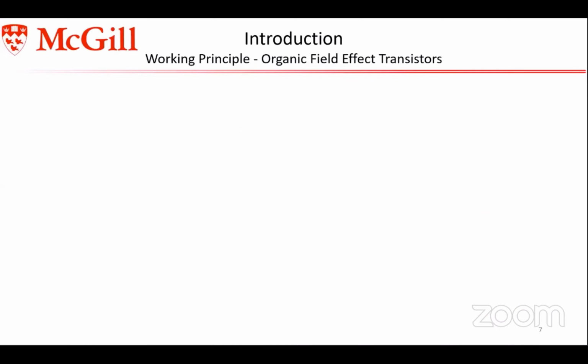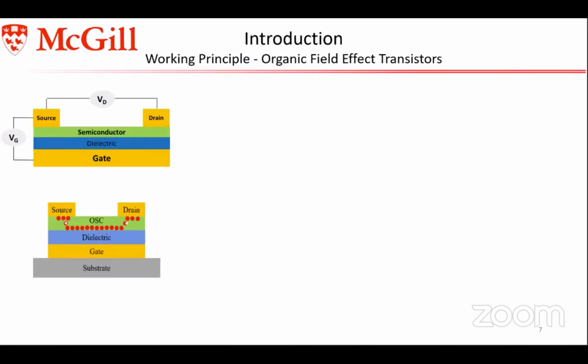So, what is the working principle of these devices? Basically, as you know, the transistor is a core component of any electronic circuit. The field effect transistor is specifically a three-terminal device with gate, source, and drain.